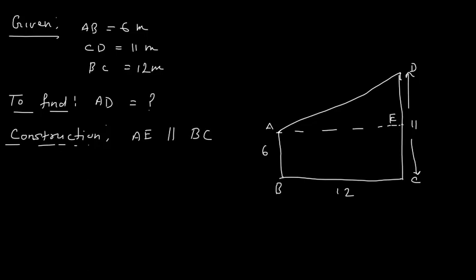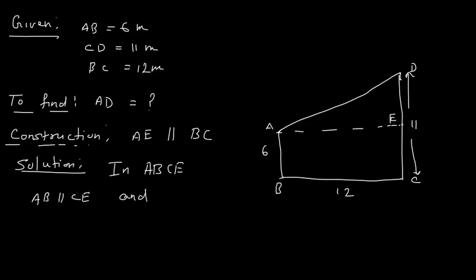Now in solution, when I draw a parallel, I get ABCD, ABCE. So I can say that in figure ABCE, we have AB parallel to CE and BC parallel to AE.